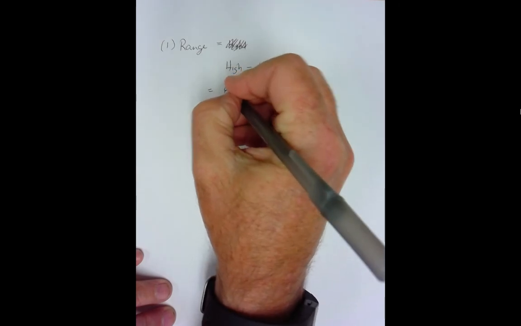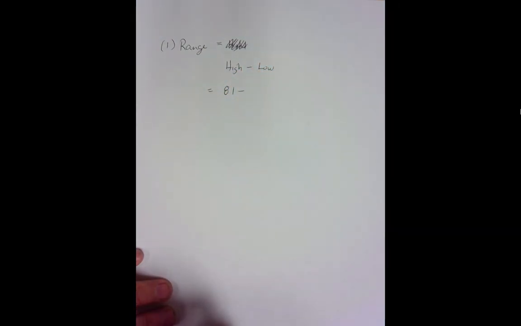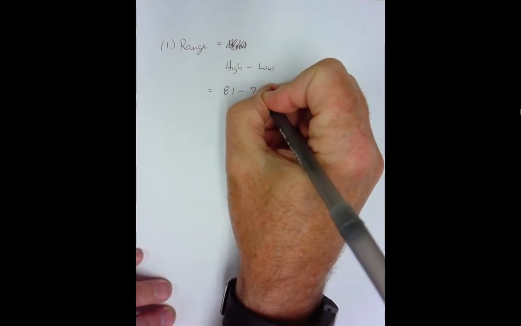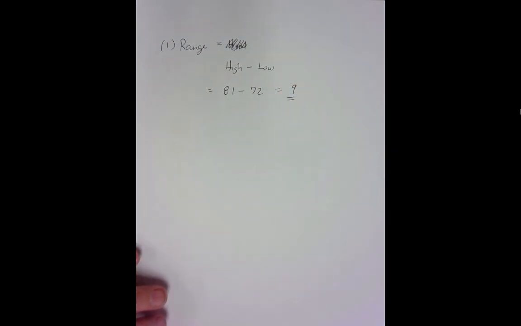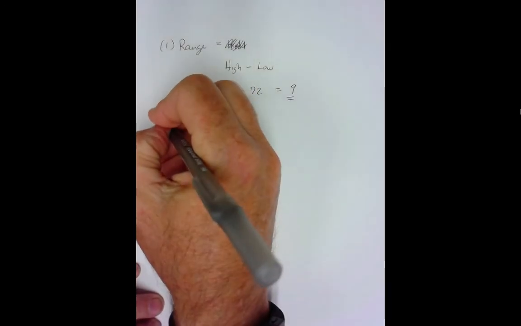So the highest score that I had in these 7 scores was an 81. The lowest score that I had was a 72. So the variation in those scores, according to the range, was 9 strokes.